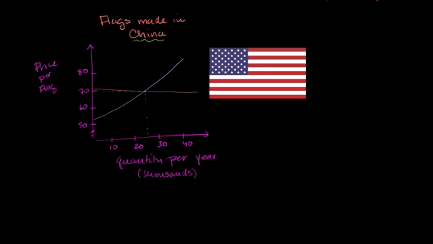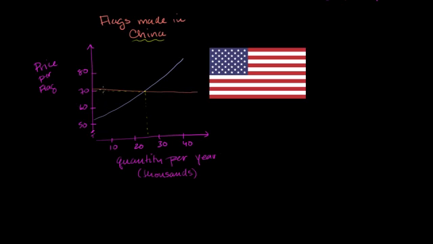So I'm going to buy one of the substitutes, especially if the ones from Taiwan or Mexico or wherever else are identical to the ones made in China. So if the price were even slightly higher, the quantity demanded would be much, much lower. And if the price were even a little bit lower, then people say, oh, I'm not going to buy the Mexican flags or the Taiwanese American flags. I'm going to buy the ones that were made in China. And then the quantity demanded would be much larger.